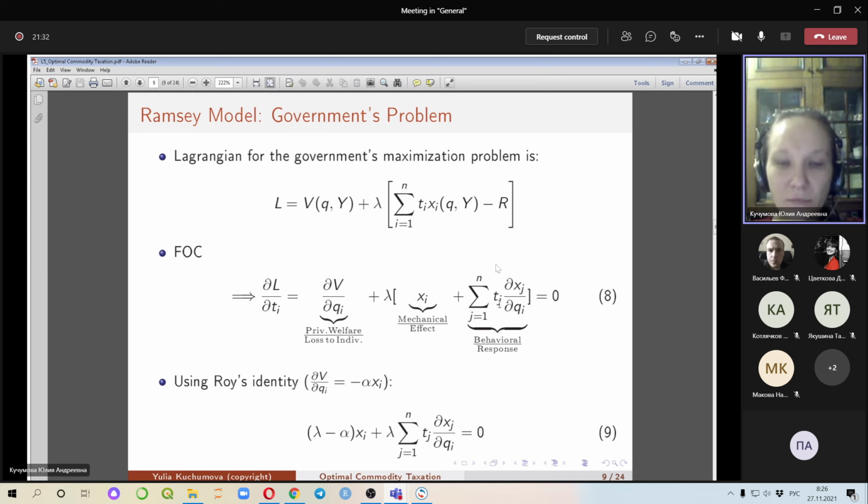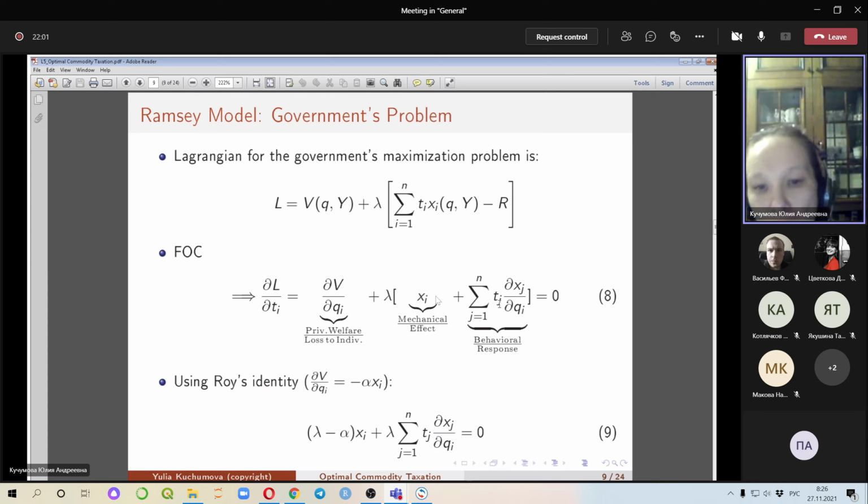The weight with which the government weighs social welfare and tax revenue is represented by alpha. The Lagrange multiplier in this problem reflects how much the government weighs social welfare against the tax revenue.